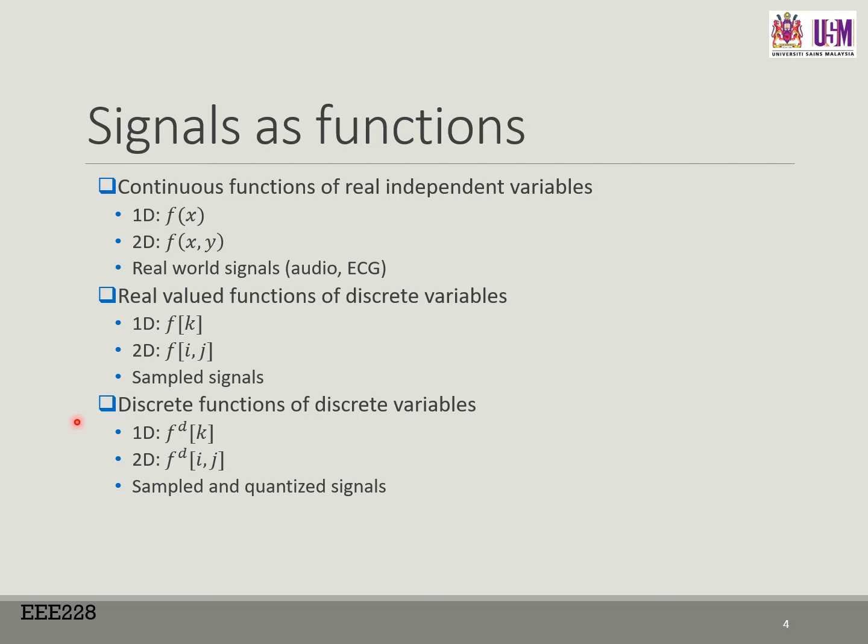For example, the speech waveform is an example of a one-dimensional signal, but we may have more than one dimension. The example of the medical image in the previous slide can be one or two dimensional. An image, let's say a photograph, is an example of a two-dimensional image. But if the image is put into motion, as in a movie or video, then we now have a three-dimensional image, where the third independent variable is time.